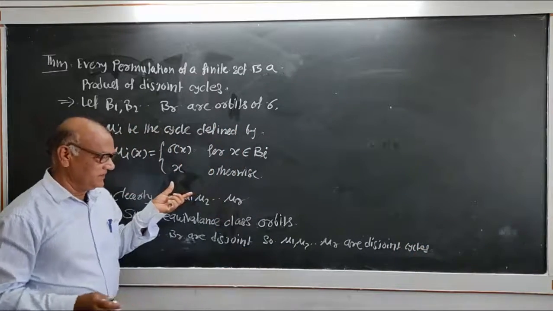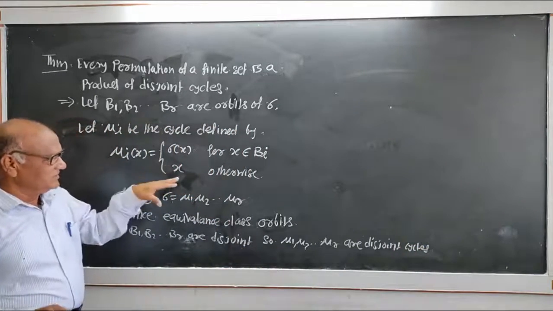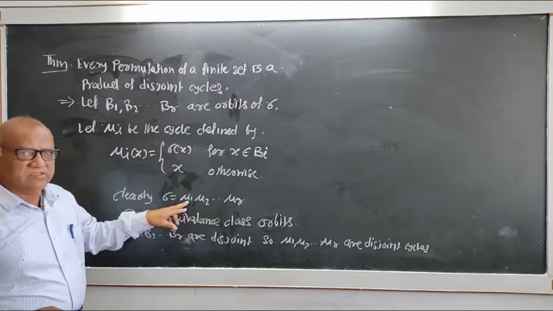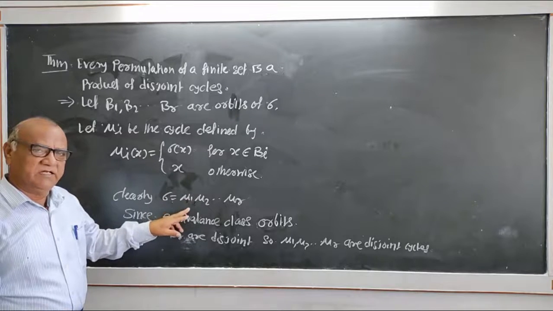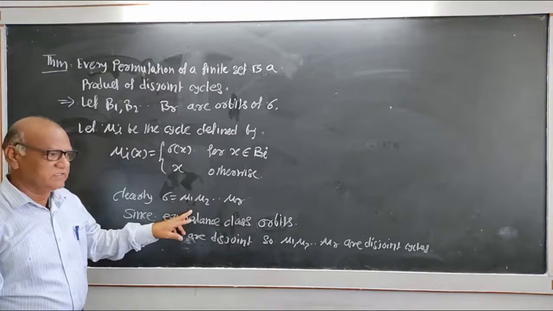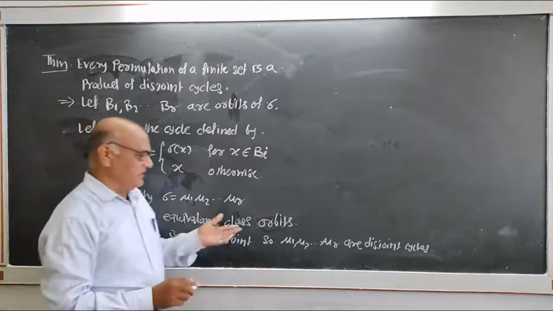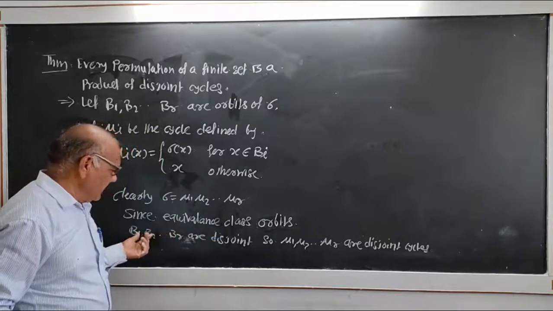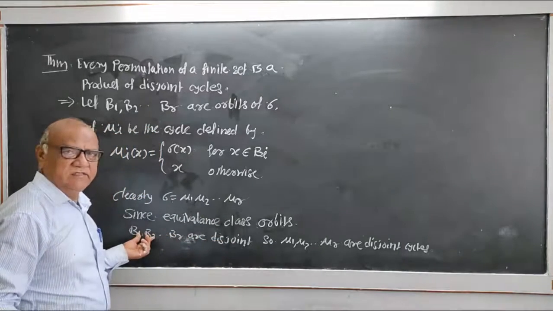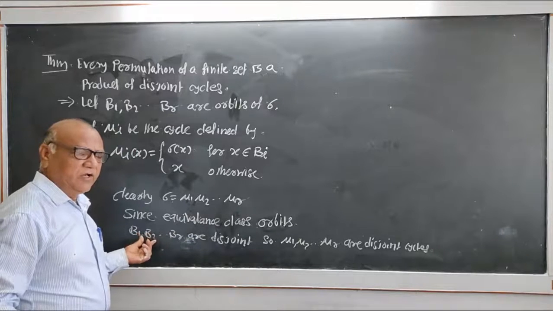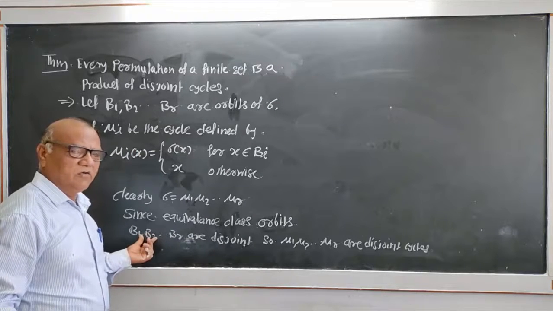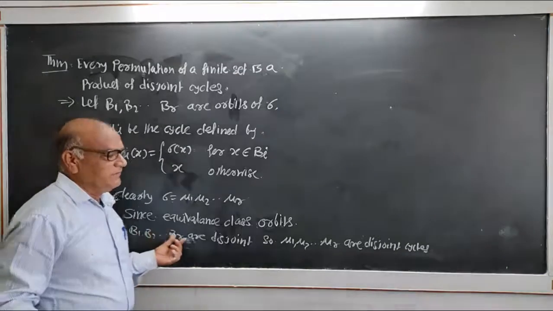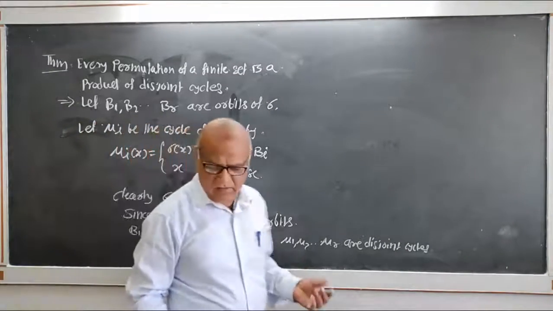Each orbit converts into a cycle, and orbits are disjoint because they are equivalence classes, and in equivalence classes there is no element in common.